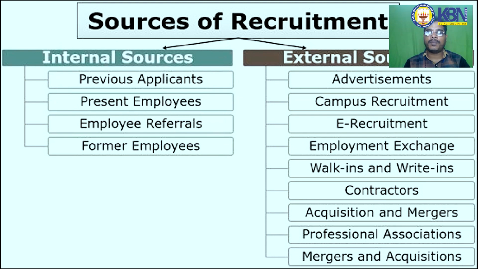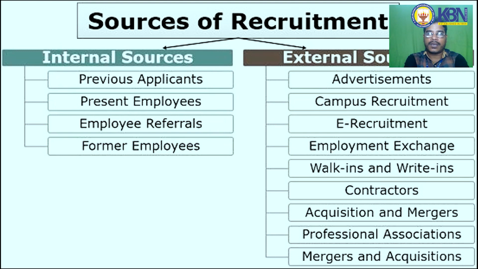And from the external point of view, we can search by giving advertisements, by conducting campus recruitments, by giving notifications through web portals in the form of e-recruitment. And we have employment exchanges, walk-ins and write-ins. Contractors also.